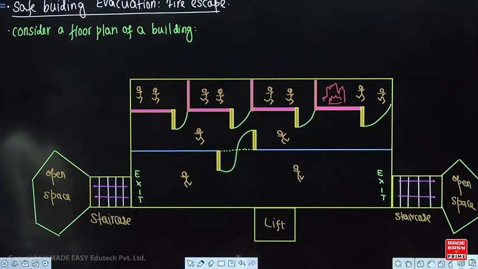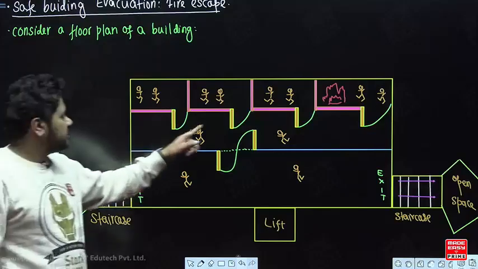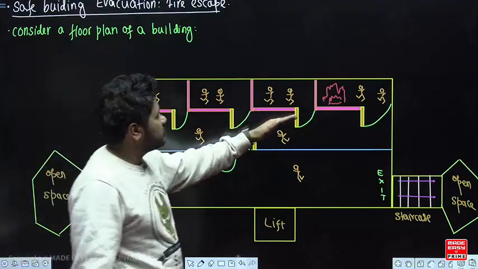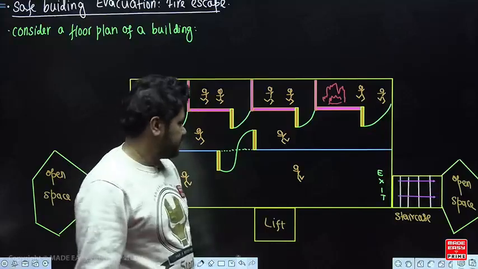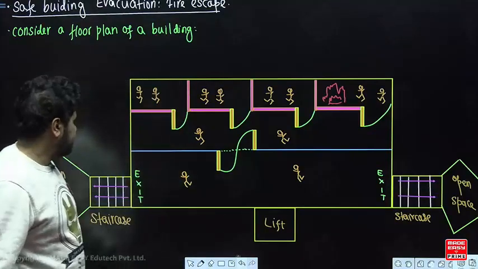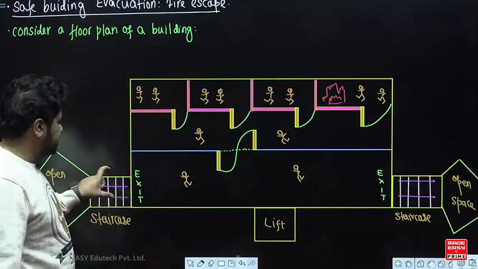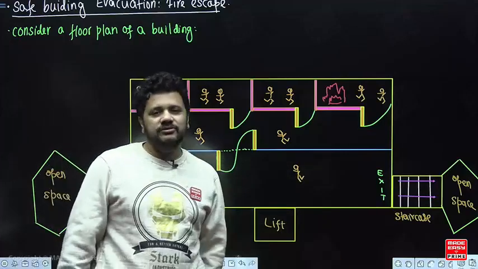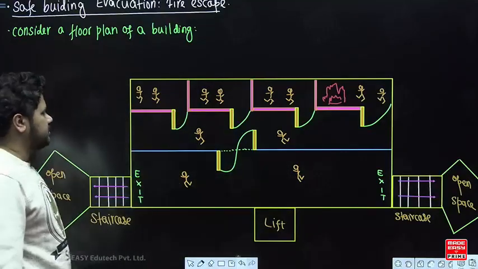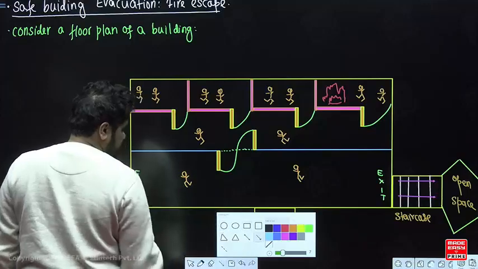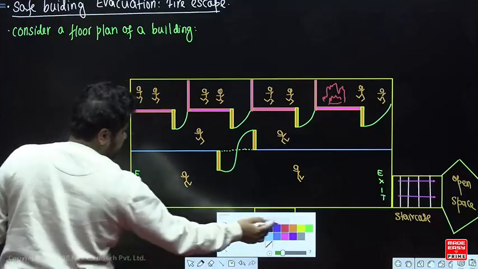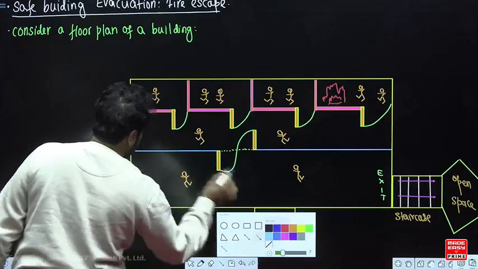Now what will happen? There are general requirements. These are the doors: one side openable doors, and these are two side openable doors. And you have seen that near the staircase there will be the word EXIT written in green color. So these are basically called exit doorways.